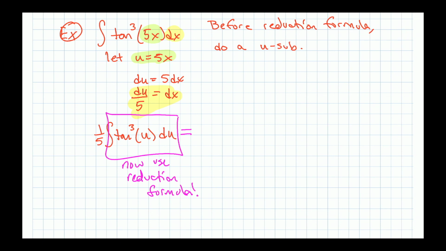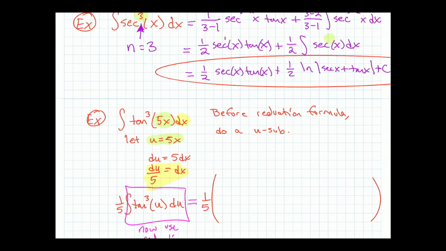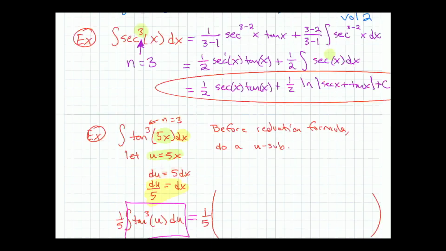Well, you've got the 1/5 out front, and then you do the whole reduction formula inside of that, because we have the integral of tangent cubed. So you go to your reduction formula. What's n, by the way, right? N equals 3, so we got another n equals 3.